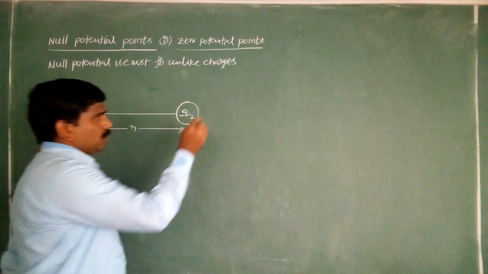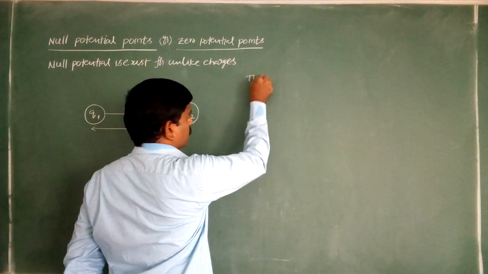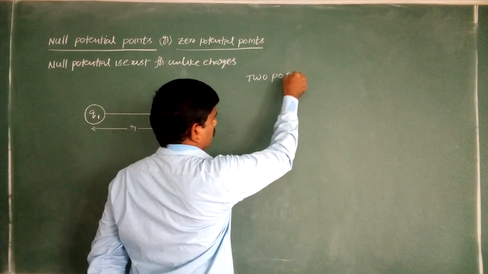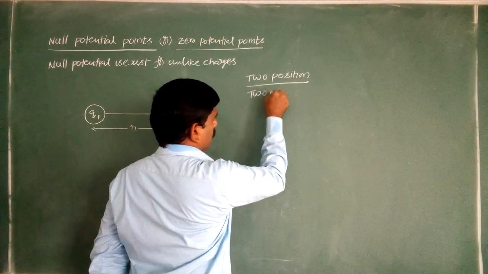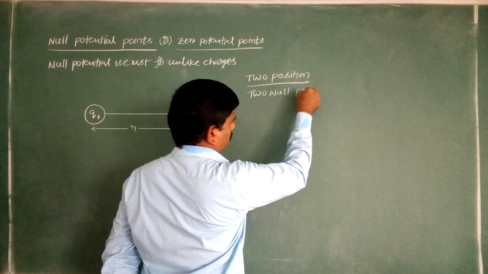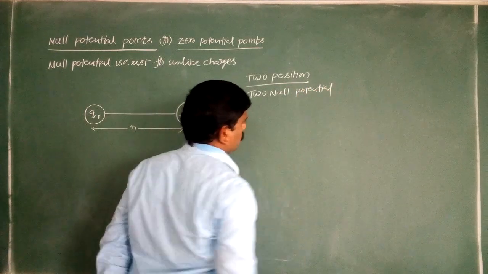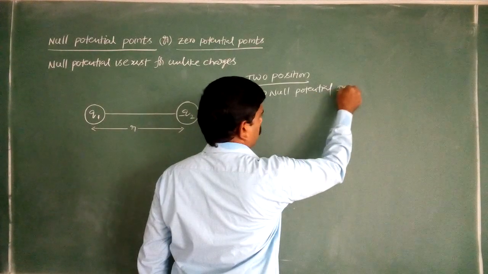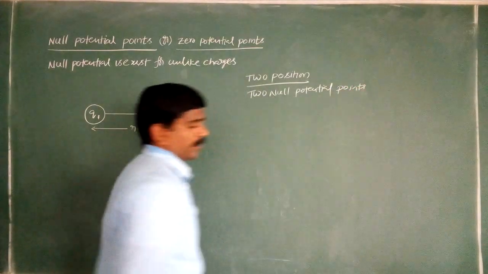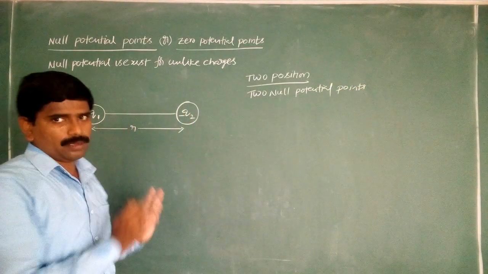The potential is equal to 0 in two positions, that is, there exist two null potential points.